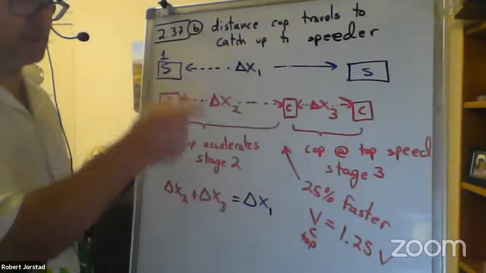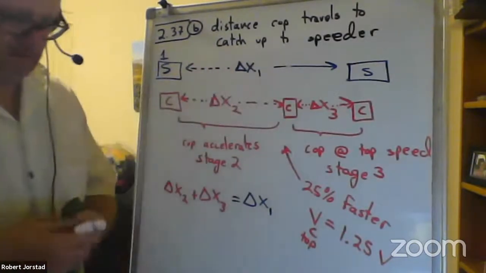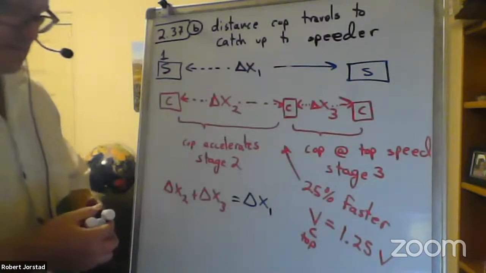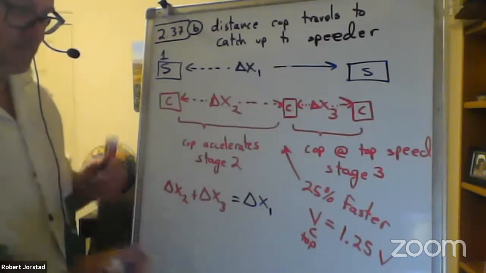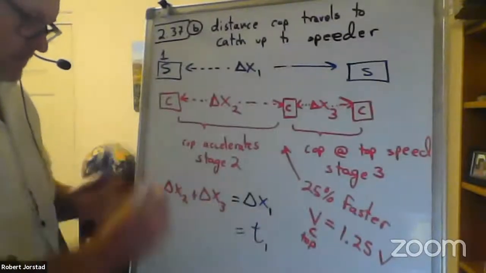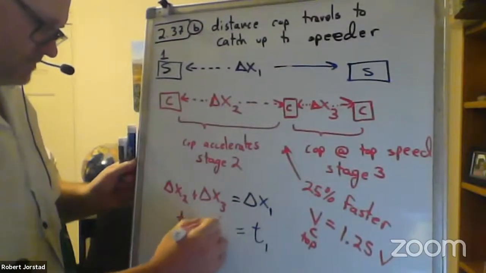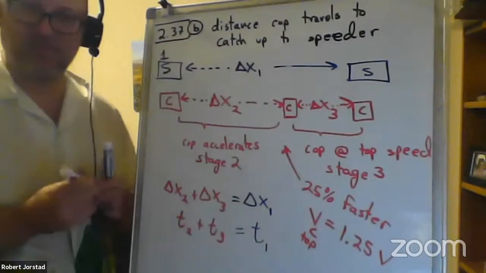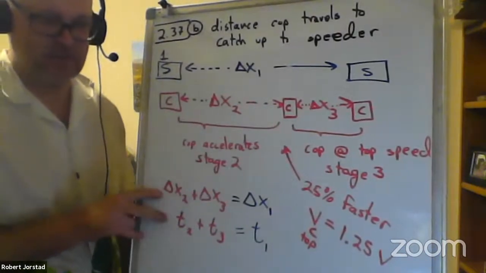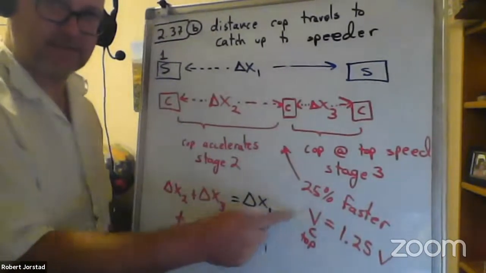What else is related between these things? Time. The total time is equal to. So we see we have two constraint equations plus this weirdo fact.